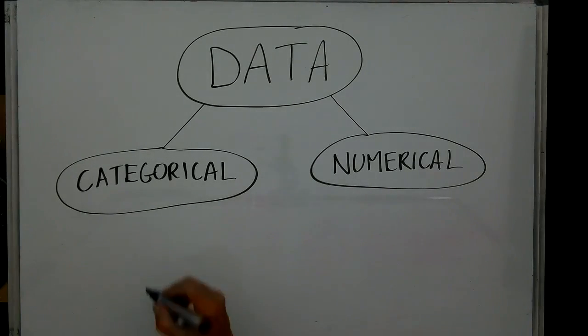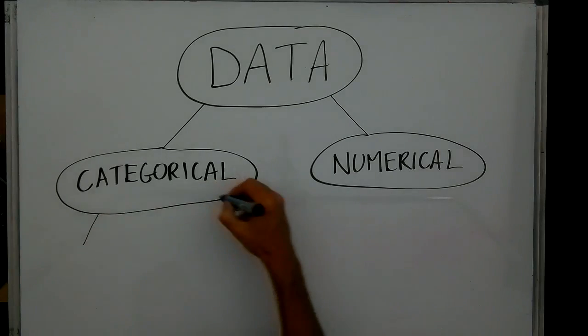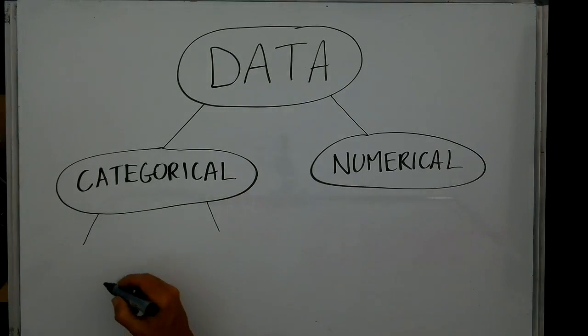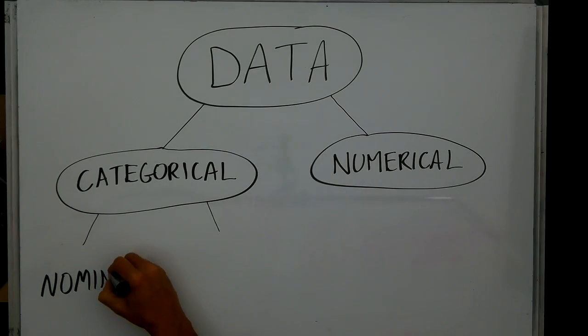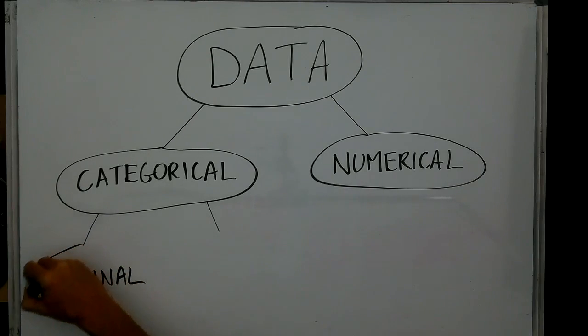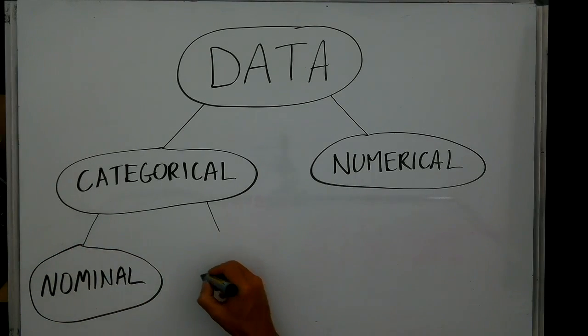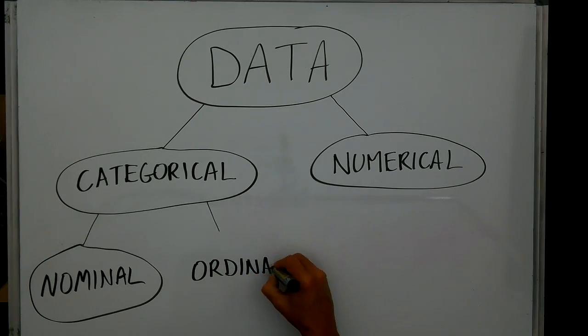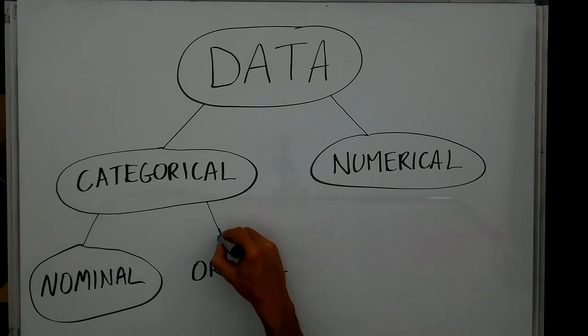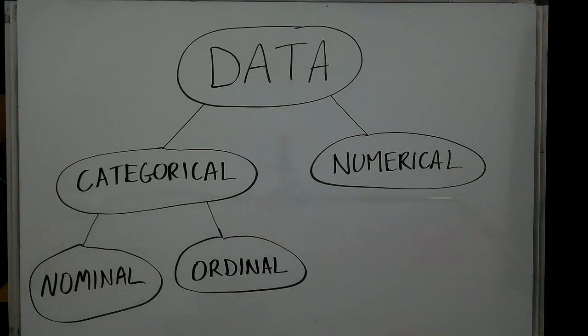This type of data can split into two types. The first one I'm going to call nominal, and the second type of categorical data is called ordinal. I'm hoping you're getting some clues about what these words mean. The nom refers to things that are named.